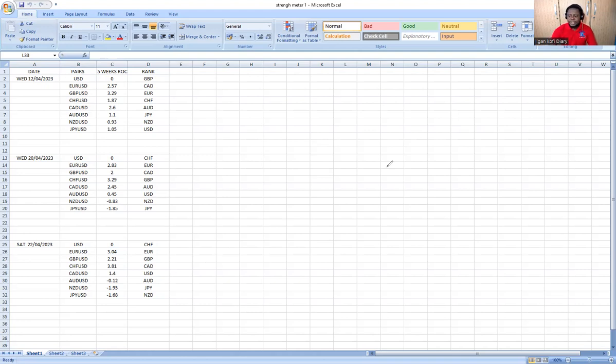Now let's go on with the next thing. The next thing is for you to choose which specific day you want to be doing your calculation, or your analysis. You cannot be doing the analysis every day. So I have decided to do mine in the middle of the week. Not Monday, not Tuesday, but I want to do it on every Wednesday.